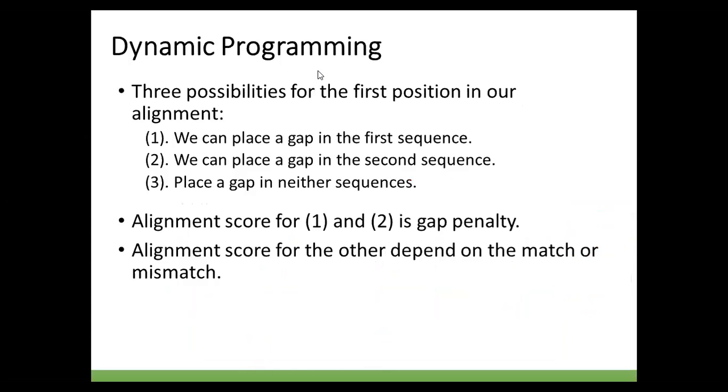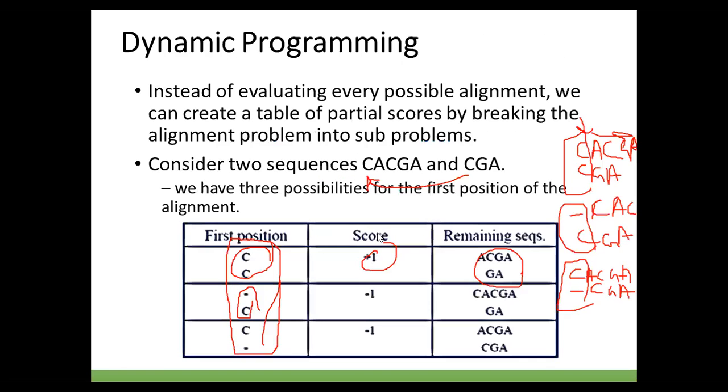These are the three main possibilities: we can place a gap in the first sequence, a gap in the second sequence, or no gap in either sequence, where we have two elements. The alignment score for 1 and 2 is the gap penalty, because we can see a gap.